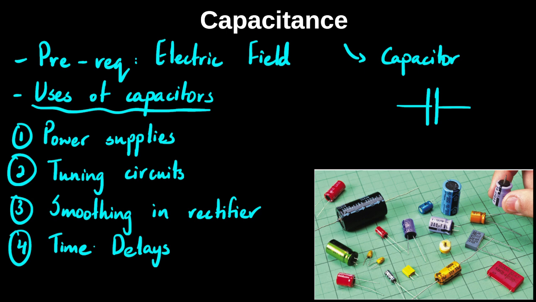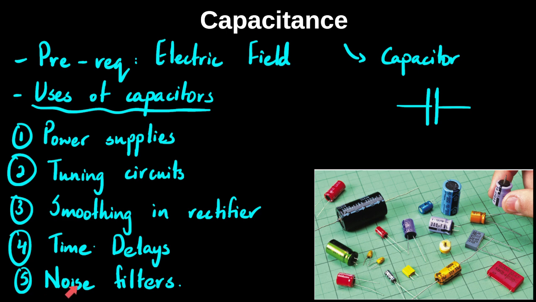And then also for filtering out noise, and by noise I don't just mean noise you can hear, because when you talk about signal processing, there's a lot of trash that comes along with the signal.